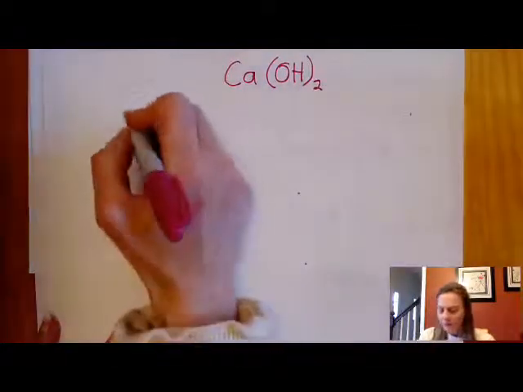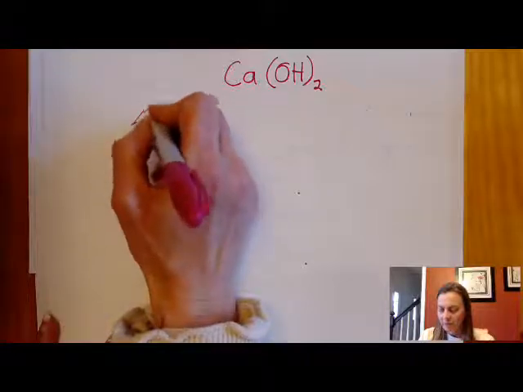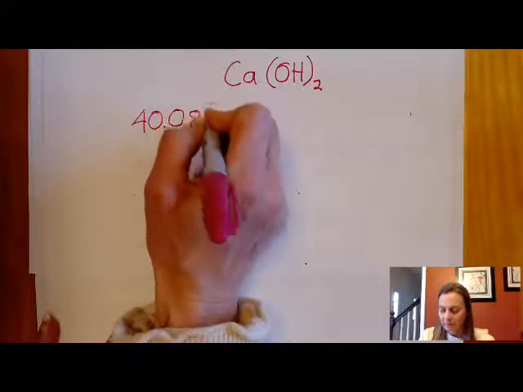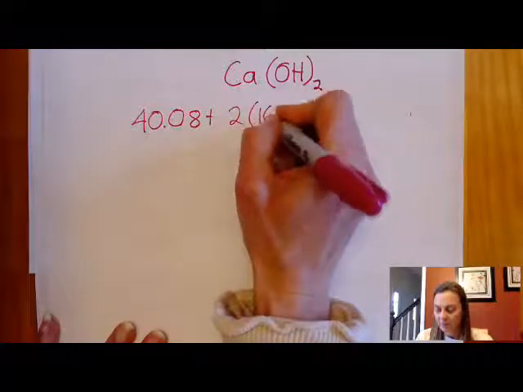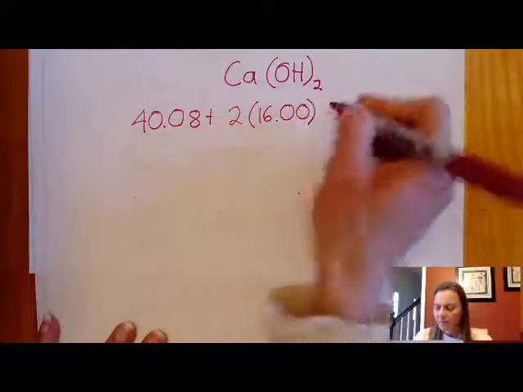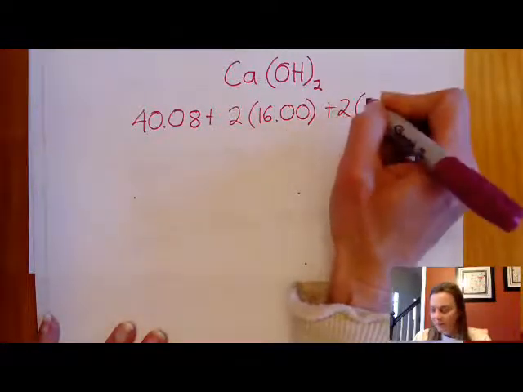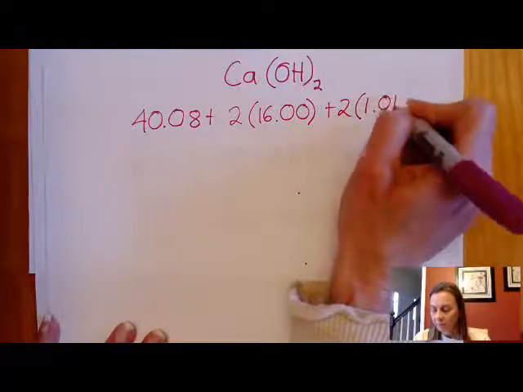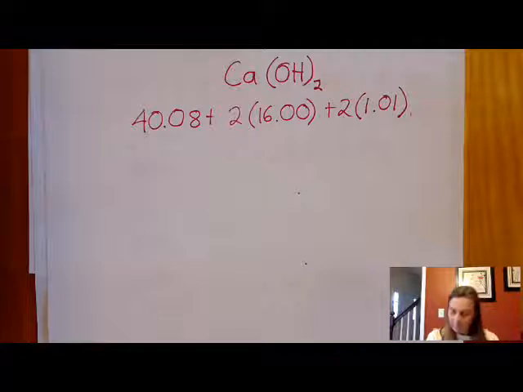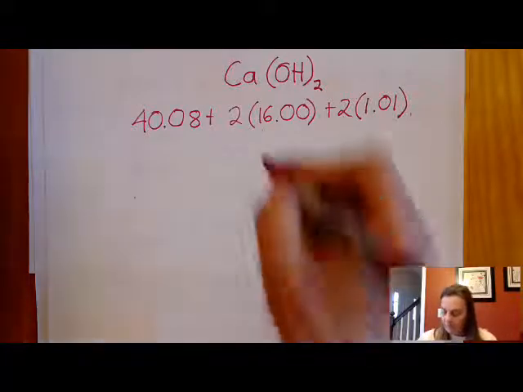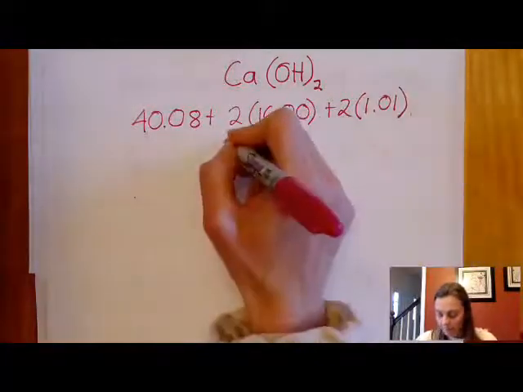We're going to take the molar mass of calcium, which is 40.08, plus 2 times the molar mass of oxygen, which is 16.00, plus 2 times the molar mass of hydrogen, which is 1.01. And so we have 74.10 grams.